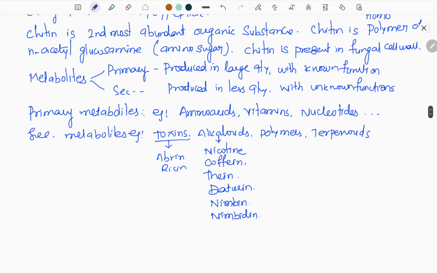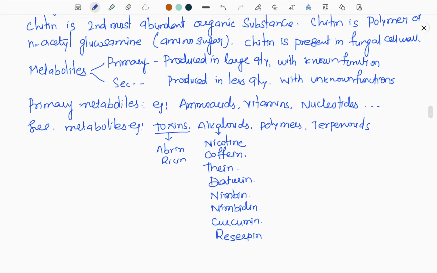And curcumin is a drug as well as alkaloid present in Curcuma longa, that is turmeric. And what is that? Reserpine is an alkaloid present in Rauwolfia serpentina. It is used against various snakebites, for some medical purposes.